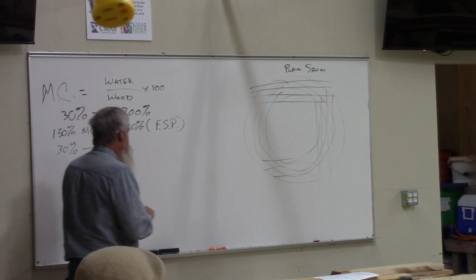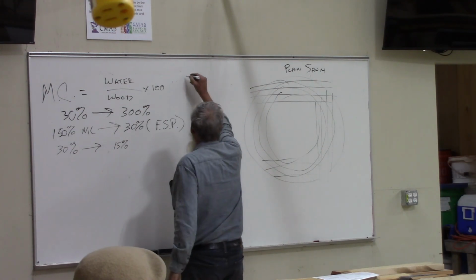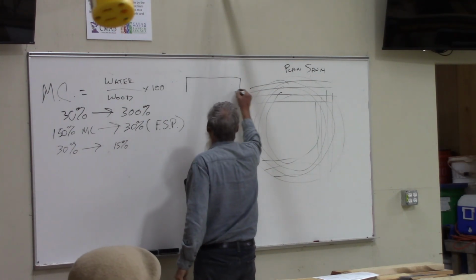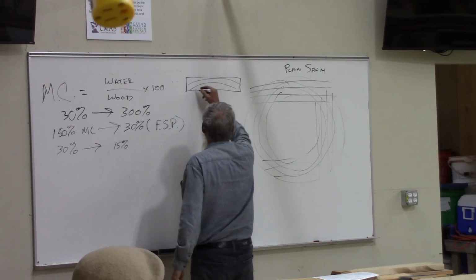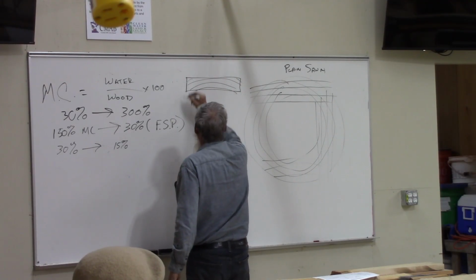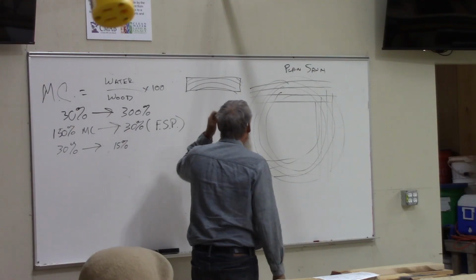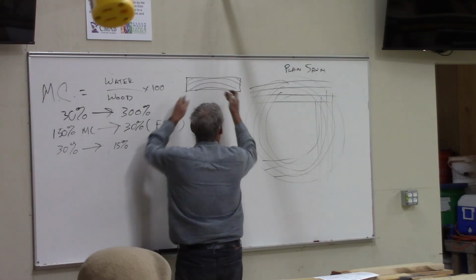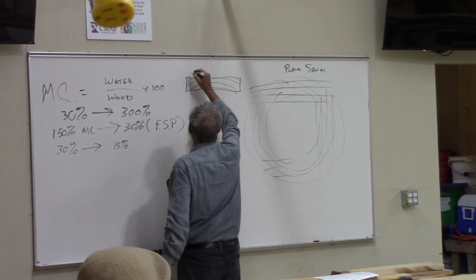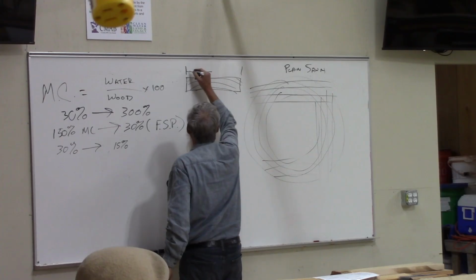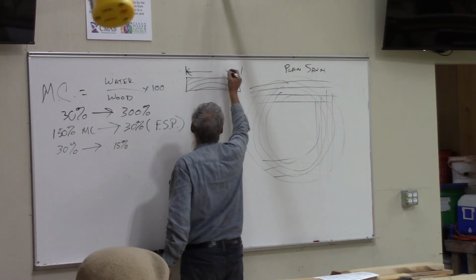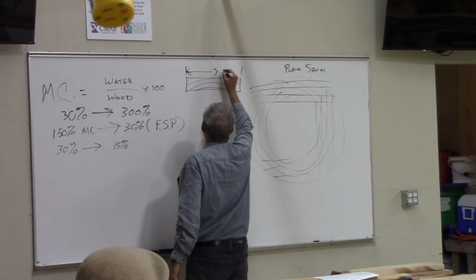So a piece of wood that is plain sawn, and if you look at the end grain, looks like that. The shrinkage, the expansion and contraction of the wood on the width of it is roughly 7.5%.